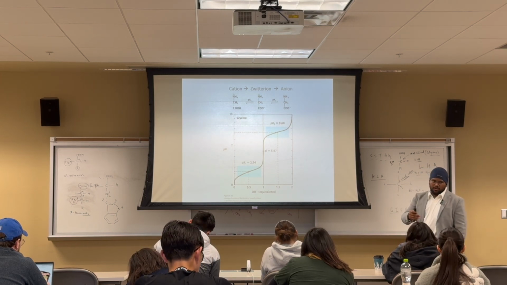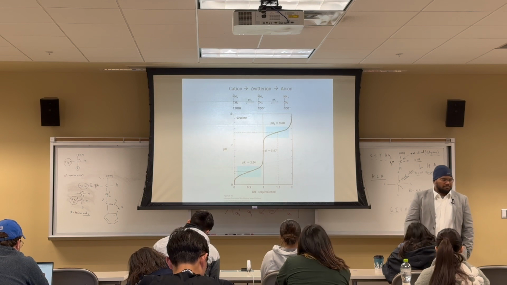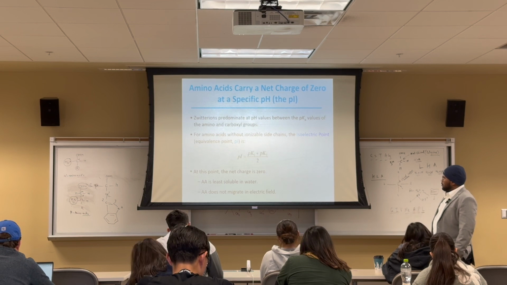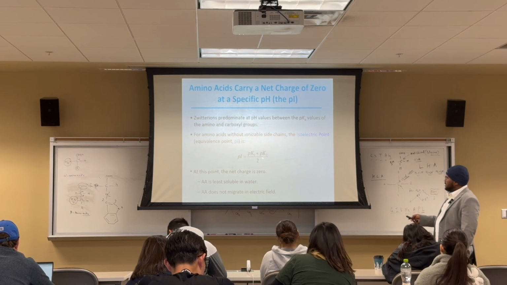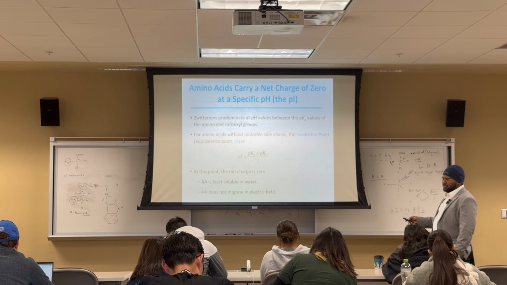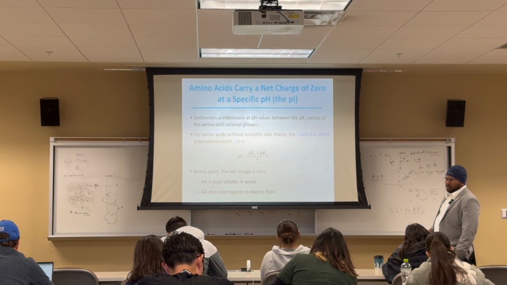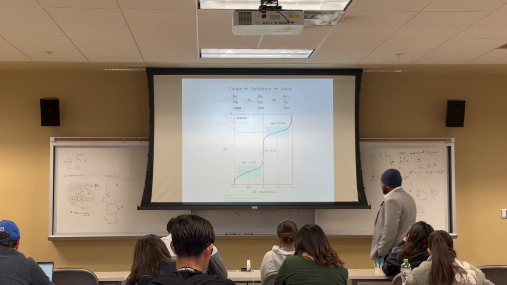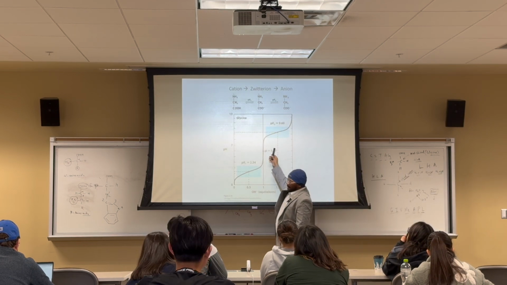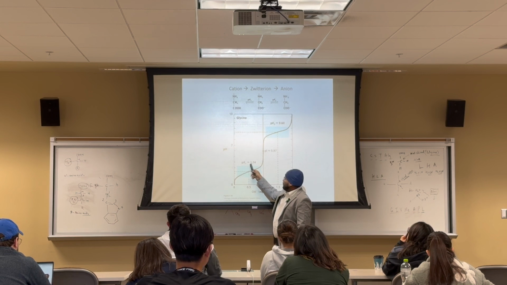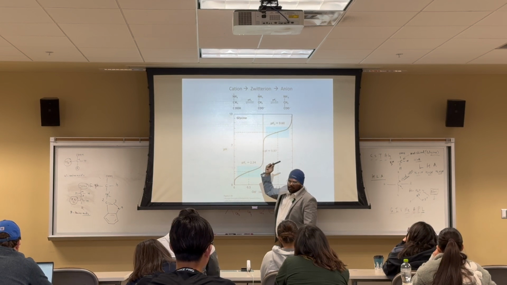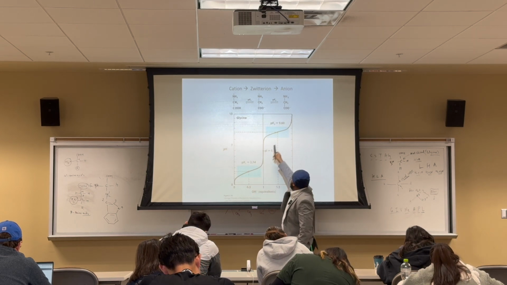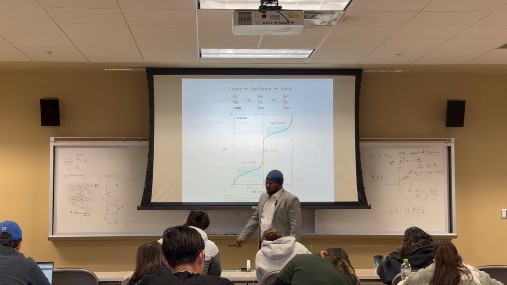There are a whole lot of calculations you might see, or a few numericals. As I said, PI equals pK1 plus pK2 divided by 2, right? So let's calculate the PI value. If I give you pK1 as 3.12, write down pK1 equals 3.12, and pK2 value is 8.9.